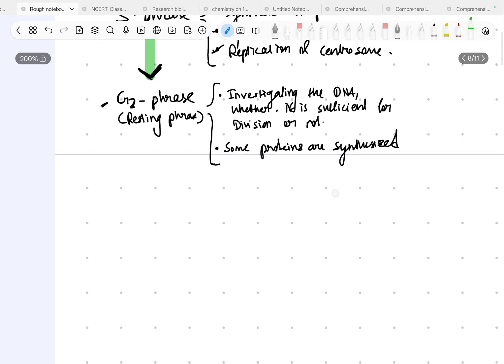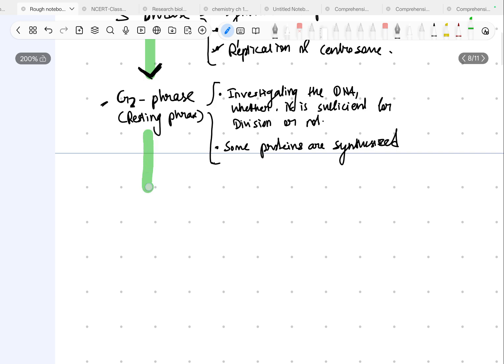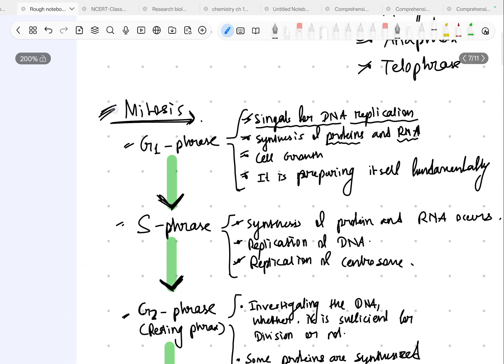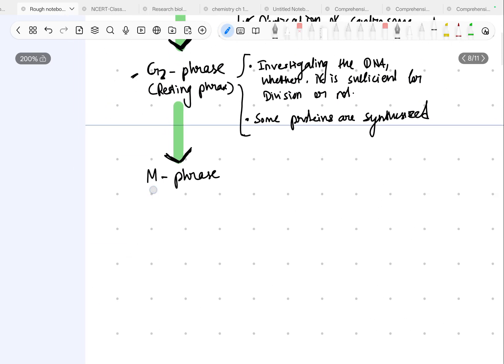Then we are going to the M phase. If we are studying mitosis, this M phase is actually the mitosis phase, and in this phase the actual cell division occurs.